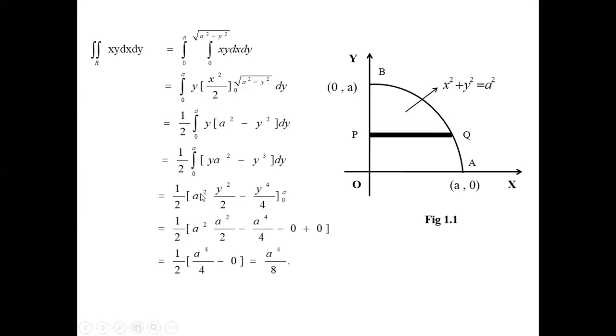This becomes 1 by 2. This is a square, the upper limit is a, becomes a square by 2 minus a raised to 4 upon 4. Then the lower limit is 0 and the lower limit also becomes 0. So therefore this becomes a raised to 4 upon 2 minus a raised to 4 upon 4.